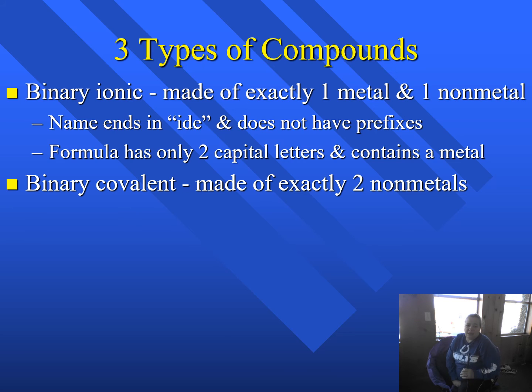Okay, the second type is binary covalent. Still only 2 elements. But this one won't have any metals, which means both of the elements will be nonmetals. So there's the kind of compound made out of a metal and a nonmetal, and the kind of compound made out of just nonmetals.